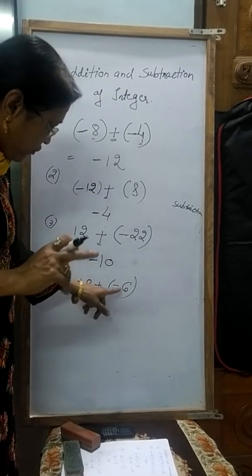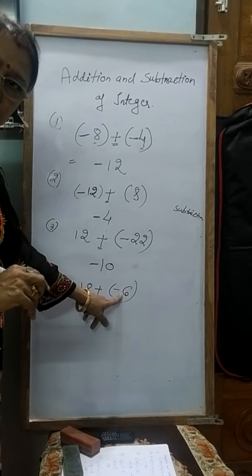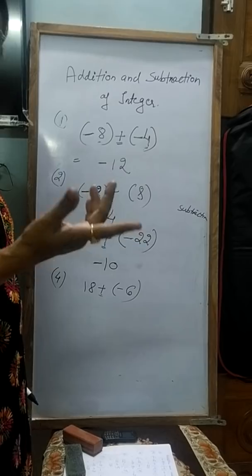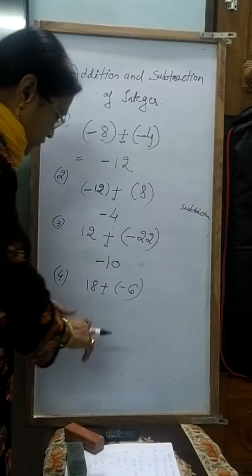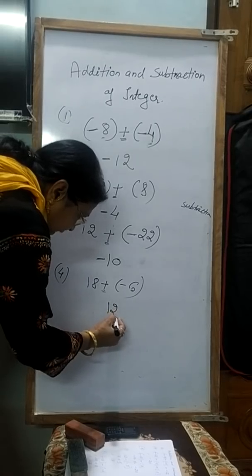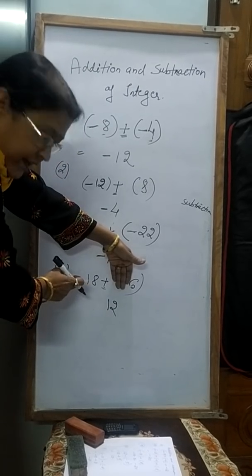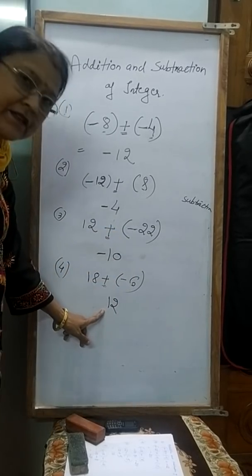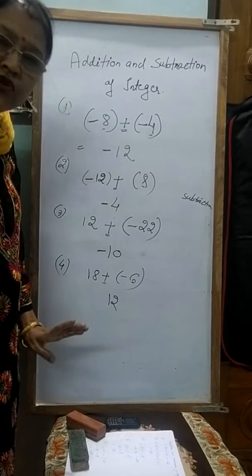Again, one is positive, another one is negative. ये हमेशा ध्यान में रखो, if one number is positive and another is negative, you have to do the subtraction only. So 18 minus 6 is equal to 12. इन दोनों में से कौन सा नंबर बड़ा है? 18 बड़ा है, and before 18 the plus sign is there, so you put the plus sign. The final answer is 12.